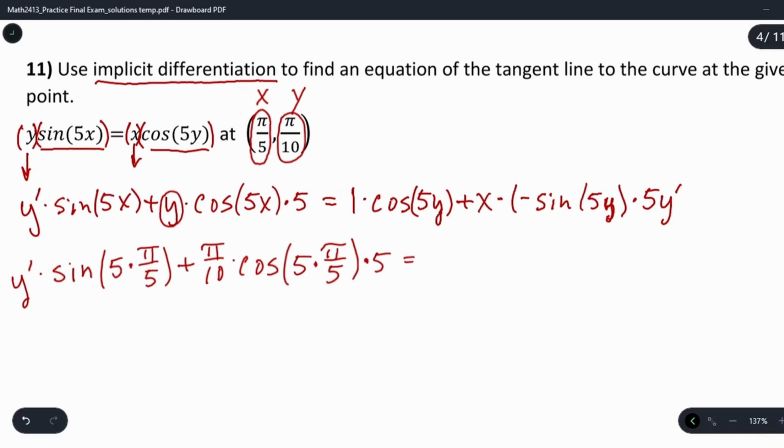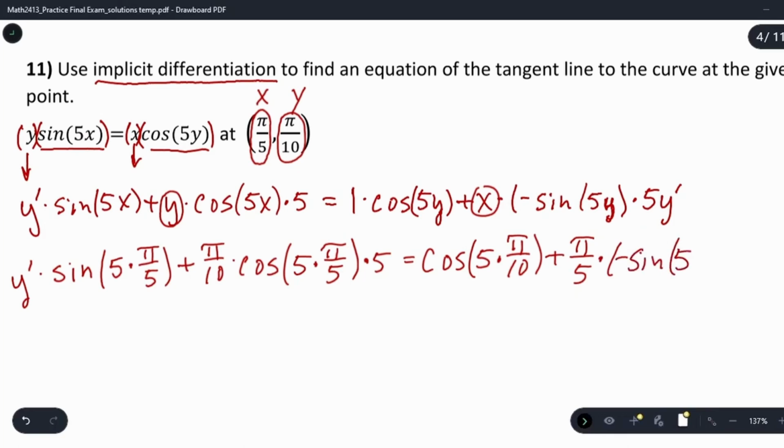And then on the other side, 1 times anything is itself, so that'll be cosine of 5 times y plus x. We have an x by itself times negative sine of 5 times y times 5y prime.